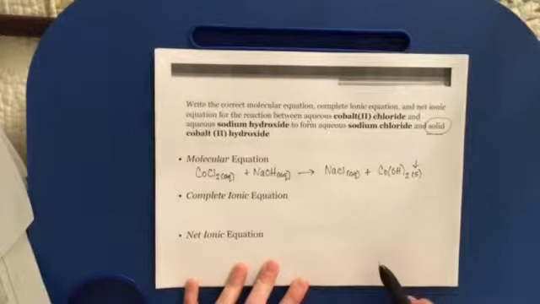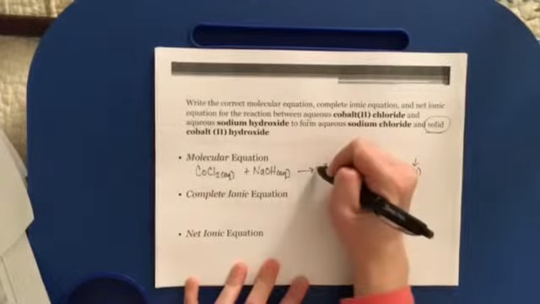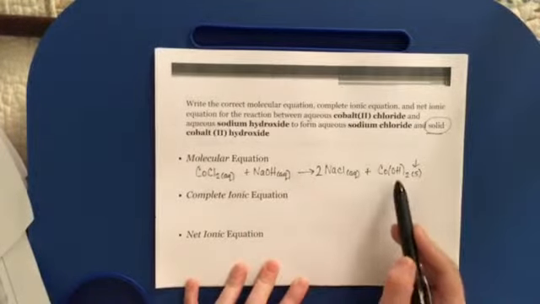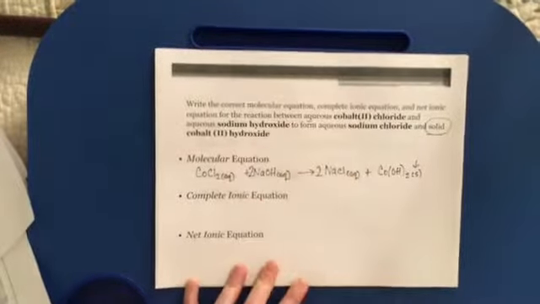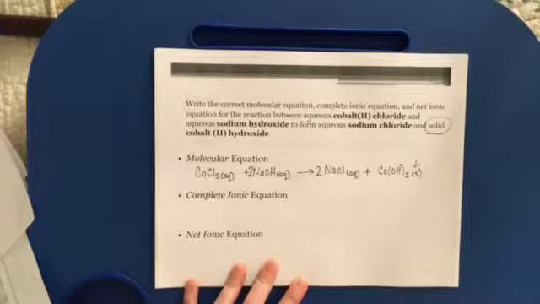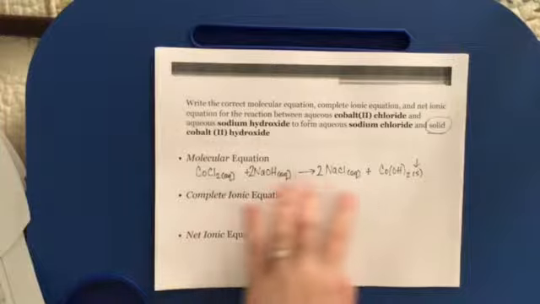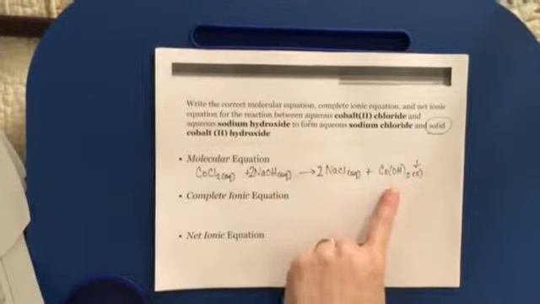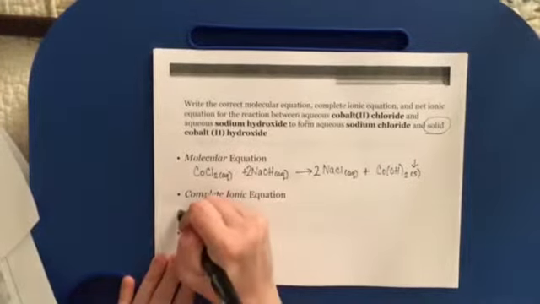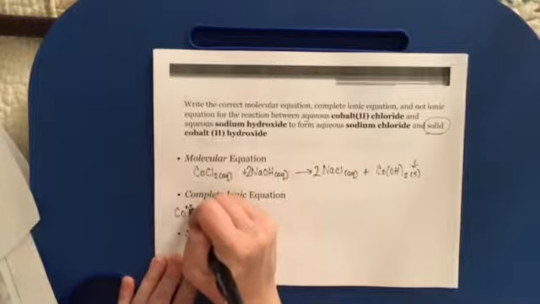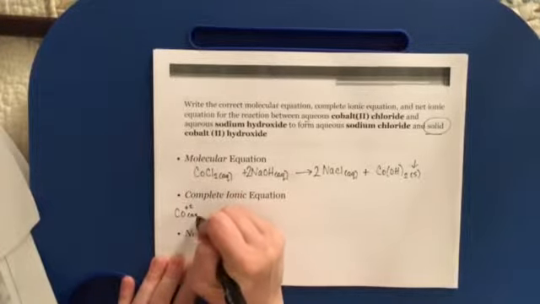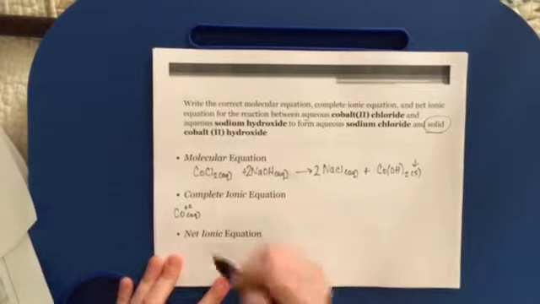Then I'm going to balance it. So I want 2 chlorines and 2 hydroxides. So it looks like that is now balanced. Okay, so now I'm going to break up everything that's aqueous, leave together that solid. So I've got a cobalt ion that's a +2 charge and aqueous.